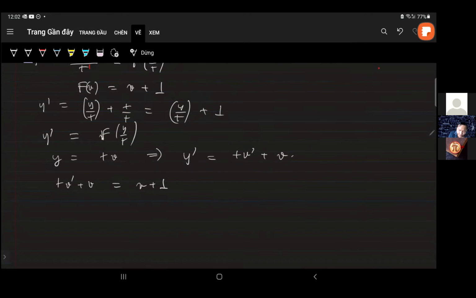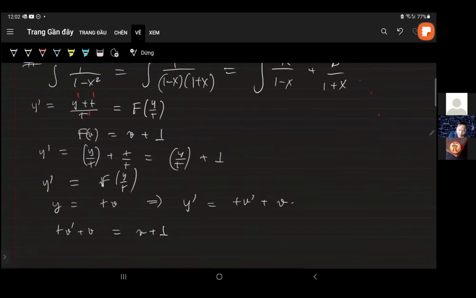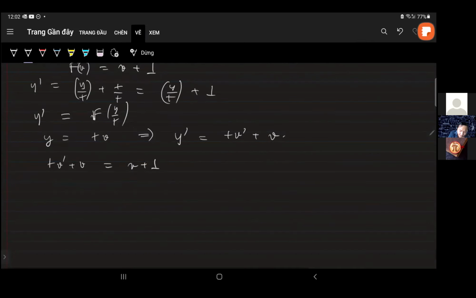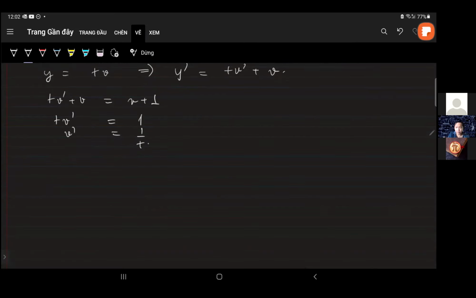From here you can subtract v from both sides. You have tv prime equal to 1, and then v prime equal to 1 over t, and you take the integral of both sides. So you have v equal to log of t plus some constant.